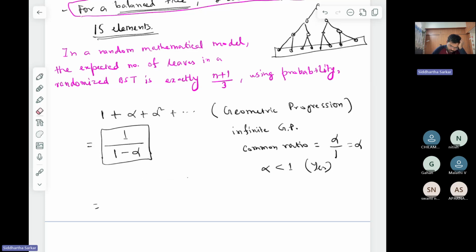So let us say first term is A, and then R is the common ratio. Then A by 1 minus R is the formula for this infinite GP. In this case, A is 1 and R is alpha.